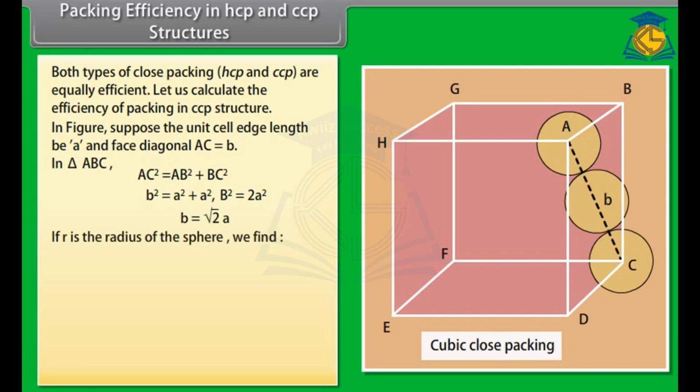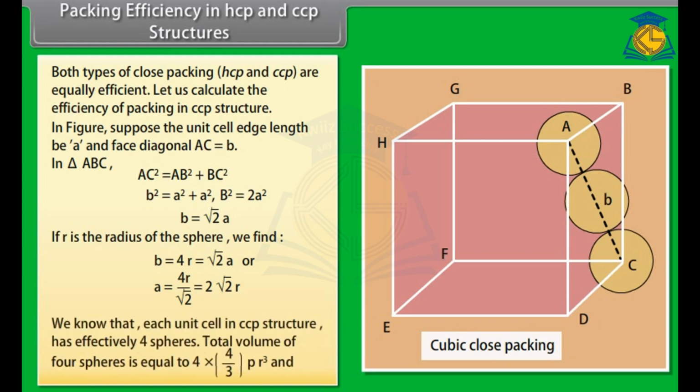If r is the radius of the sphere, we find b is equal to 4r, which equals square root 2 a, or a is equal to 4r upon square root 2, which is equal to 2 into square root 2 r. We know that each unit cell in CCP structure has effectively 4 spheres.